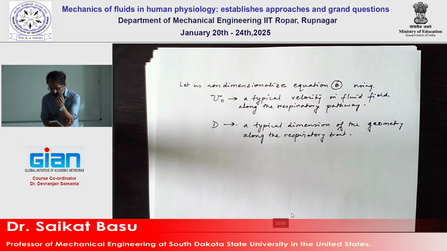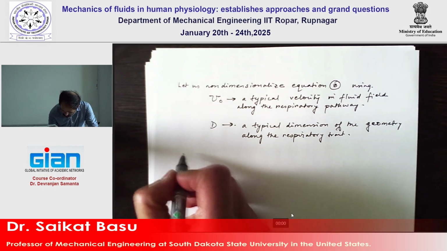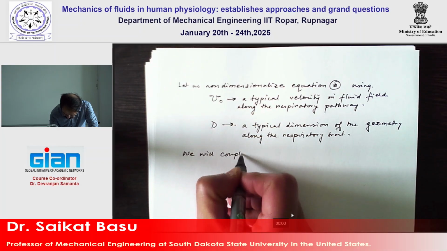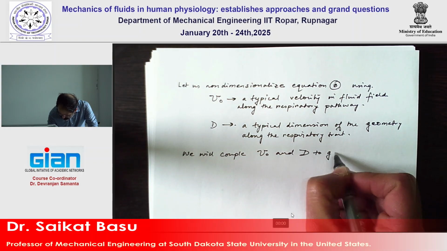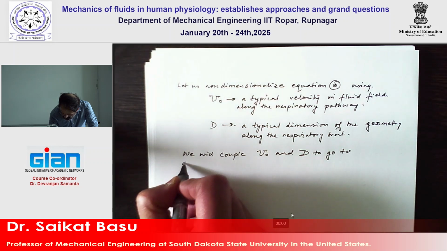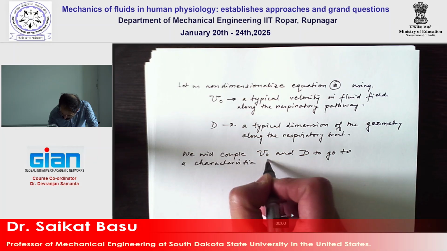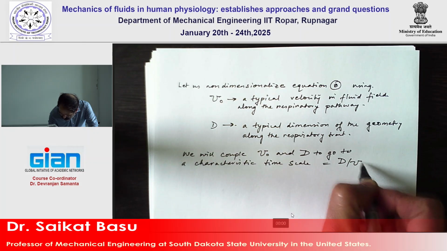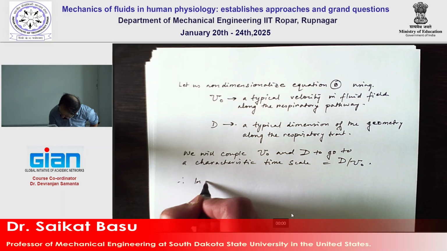So let's use this u naught and d on equation 9 that we derived on the previous page. We will couple u naught and d to go to a characteristic time scale, d over u naught. So let's put that into equation 9.